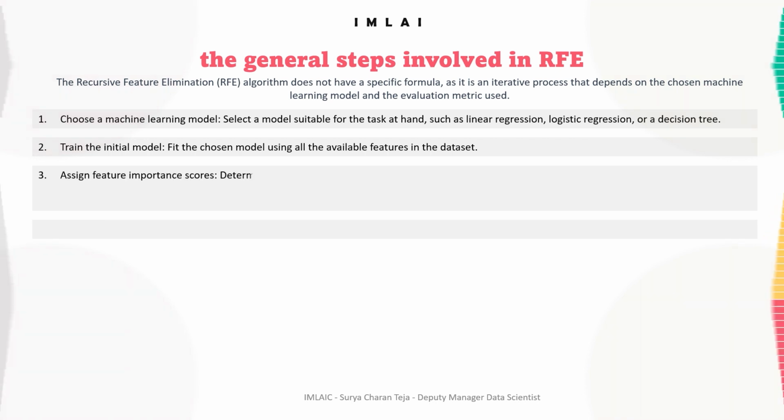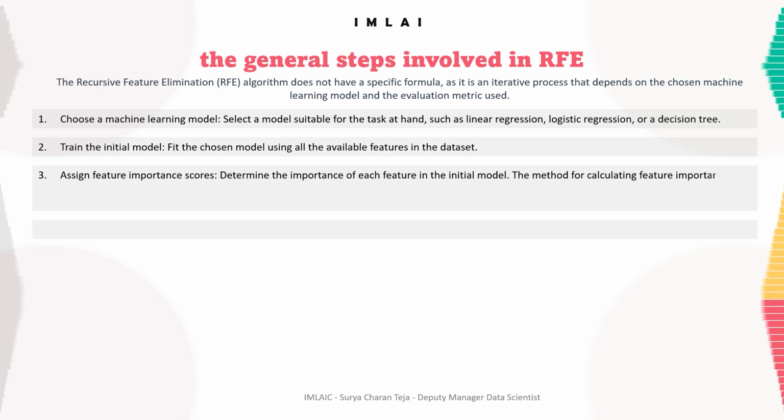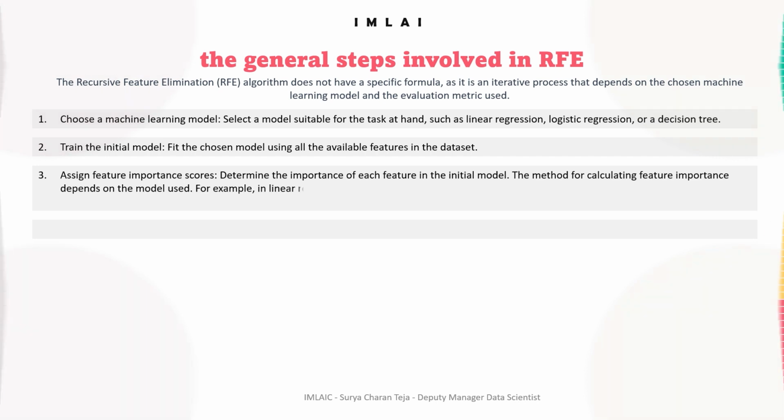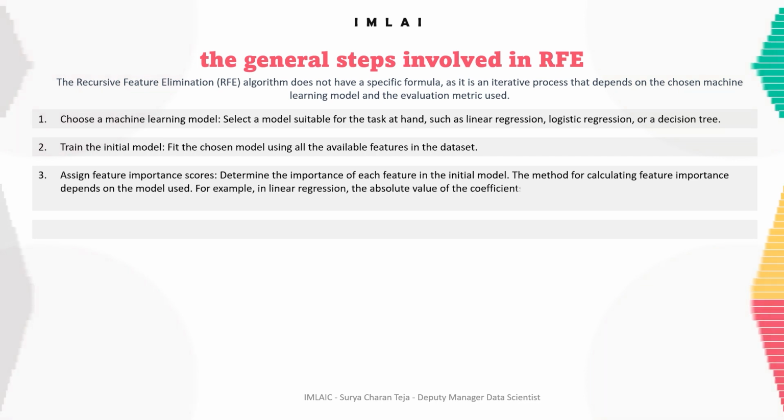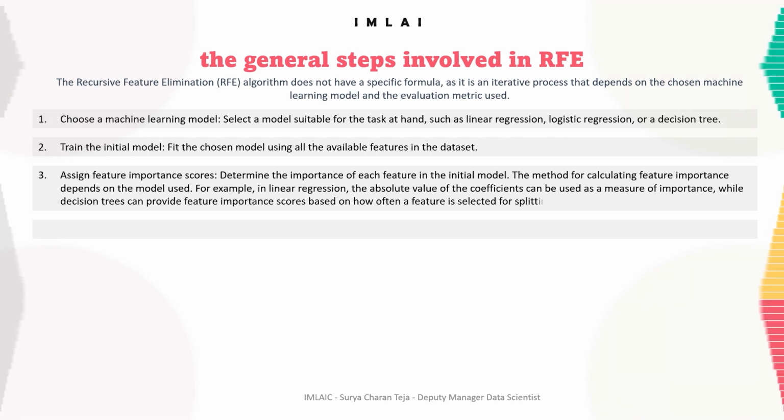For example, in linear regression, the absolute value of the coefficients can be used as a measure of importance, while decision trees can provide feature importance scores based on how often a feature is selected for splitting. And the fourth step, eliminate the least important features.